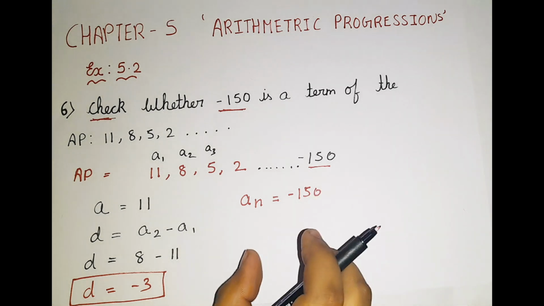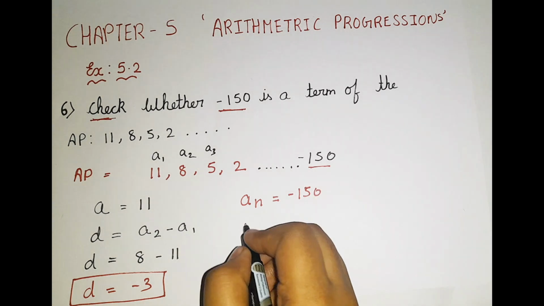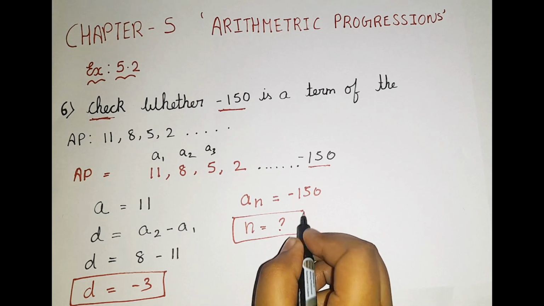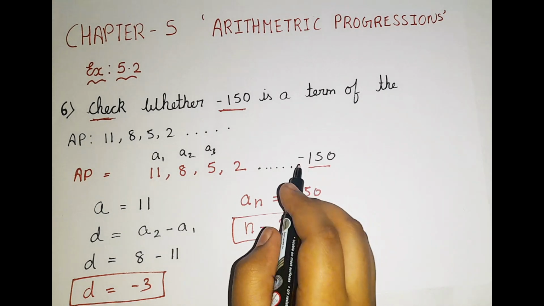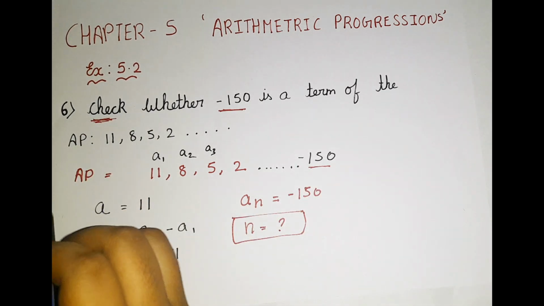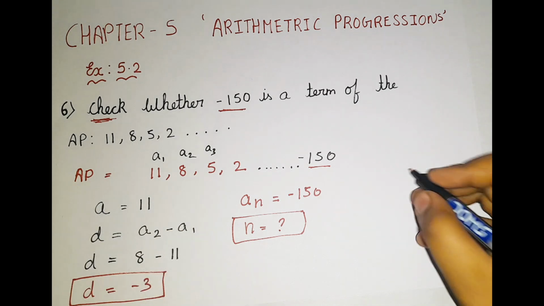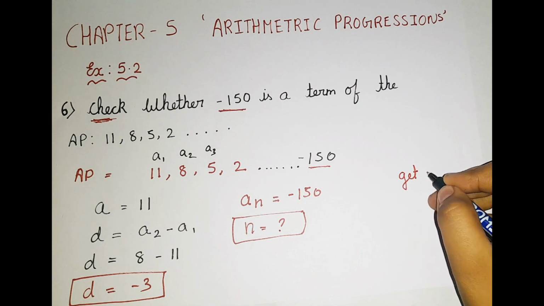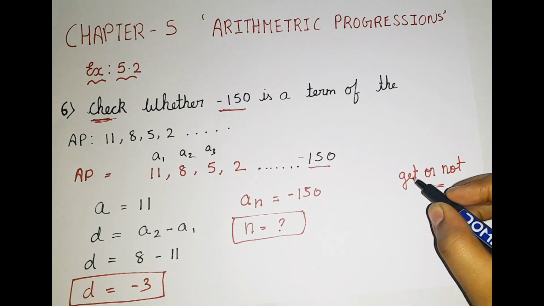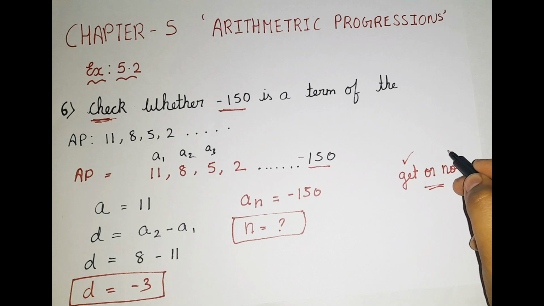Let us find it. Now we don't have the n value. If we find n, we'll get to know in which term we'll get minus 150. But we are supposed to check whether we'll get it or not. That is the actual question. Now I'm going to write all the values as it is.